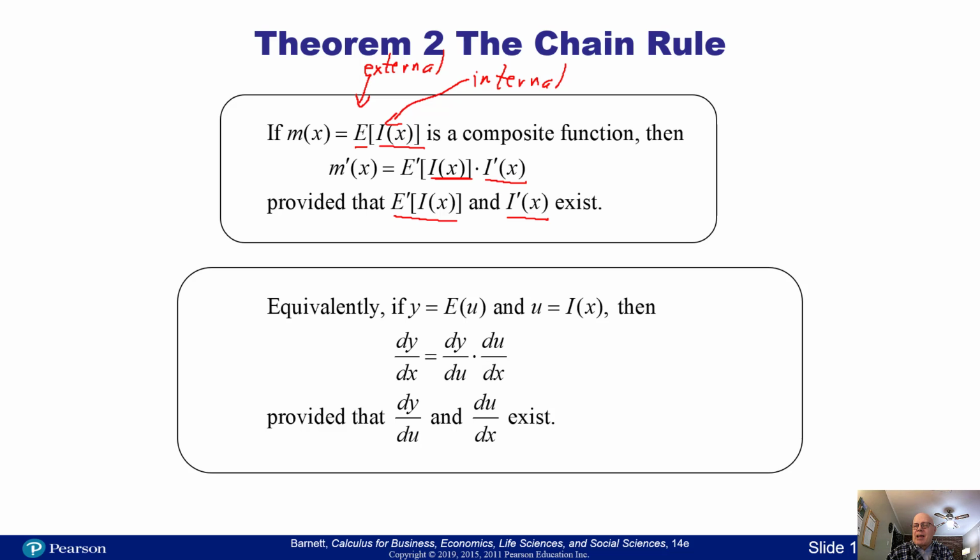Another way of doing the same thing is to say, okay, u is going to represent a function, like up here. Instead of writing I of x, we'll just write u, and u is going to be a function. And then we'll write aside u equals I of x.